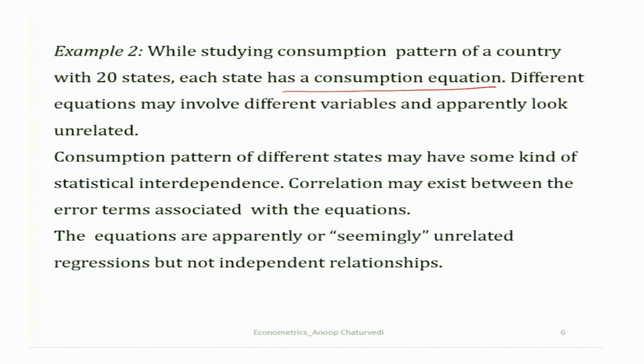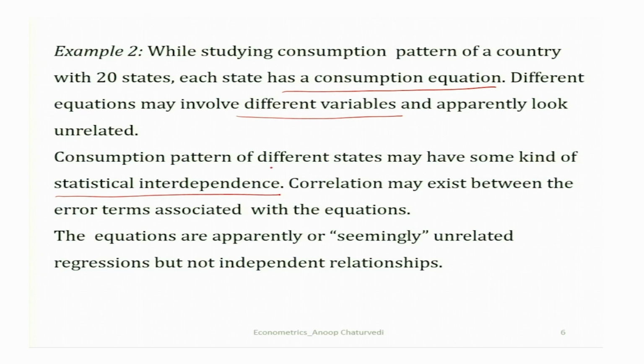Apparently, those consumption equations look separate or different. Those equations are developed separately, and different equations may involve different variables and apparently look unrelated. On the other hand, the consumption pattern of different states may have some kind of statistical interdependence.